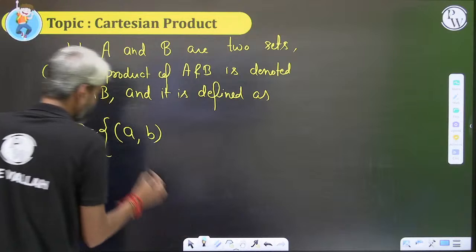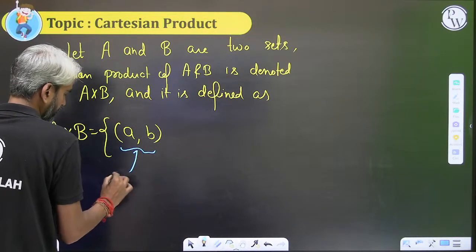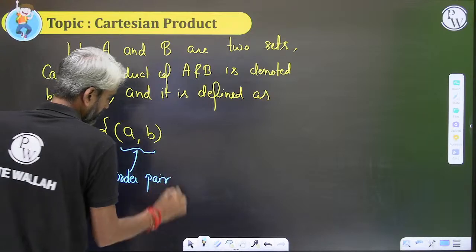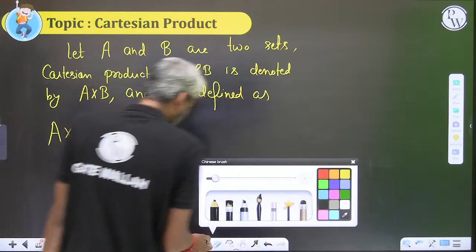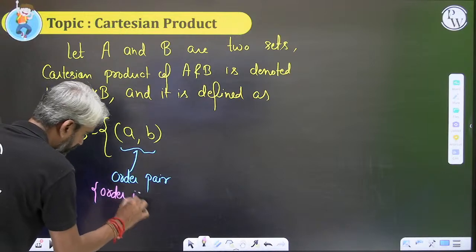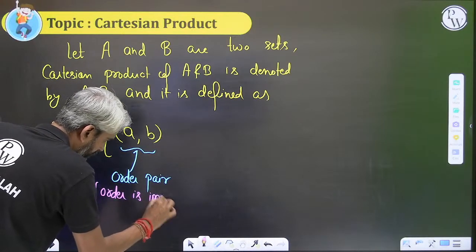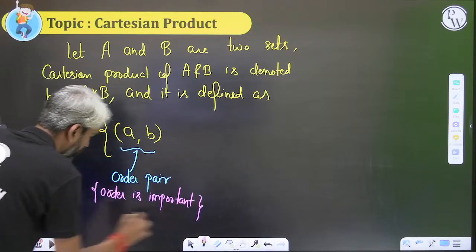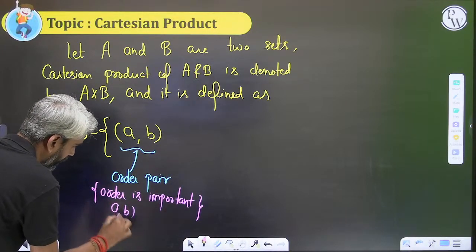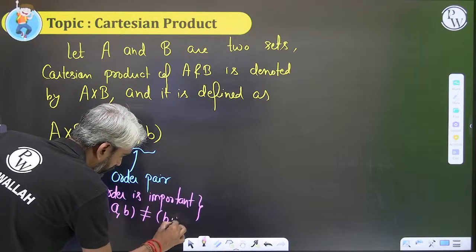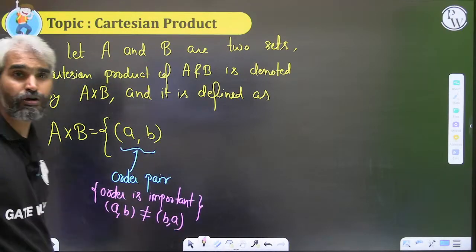So this is the ordered pair. Please, when I say ordered pair, then order is important. Ordered pair (a, b) is not equal to ordered pair (b, a). So these two are not the same thing.